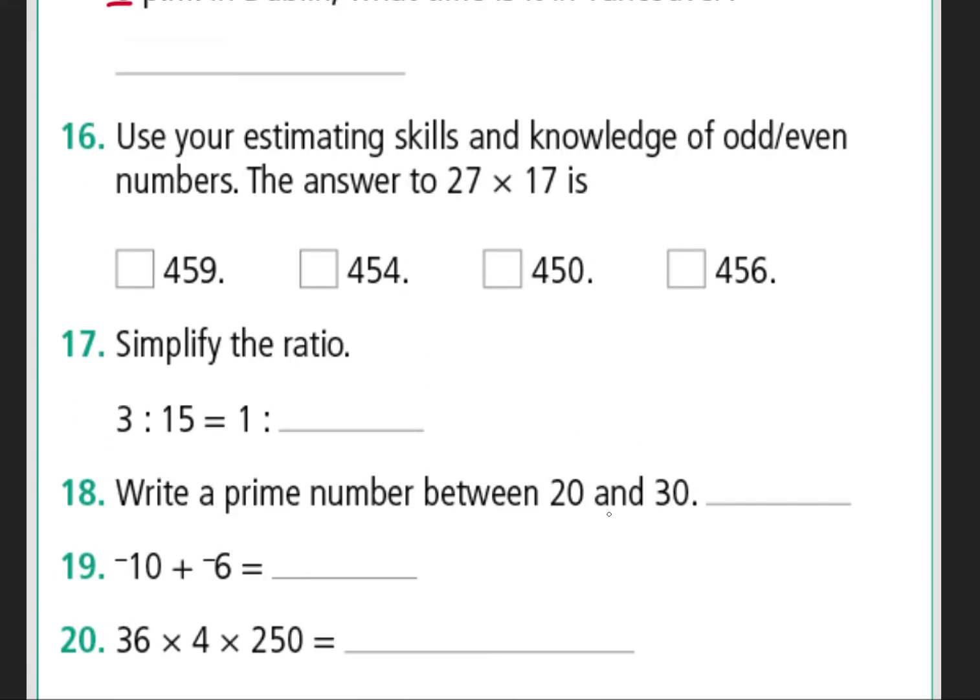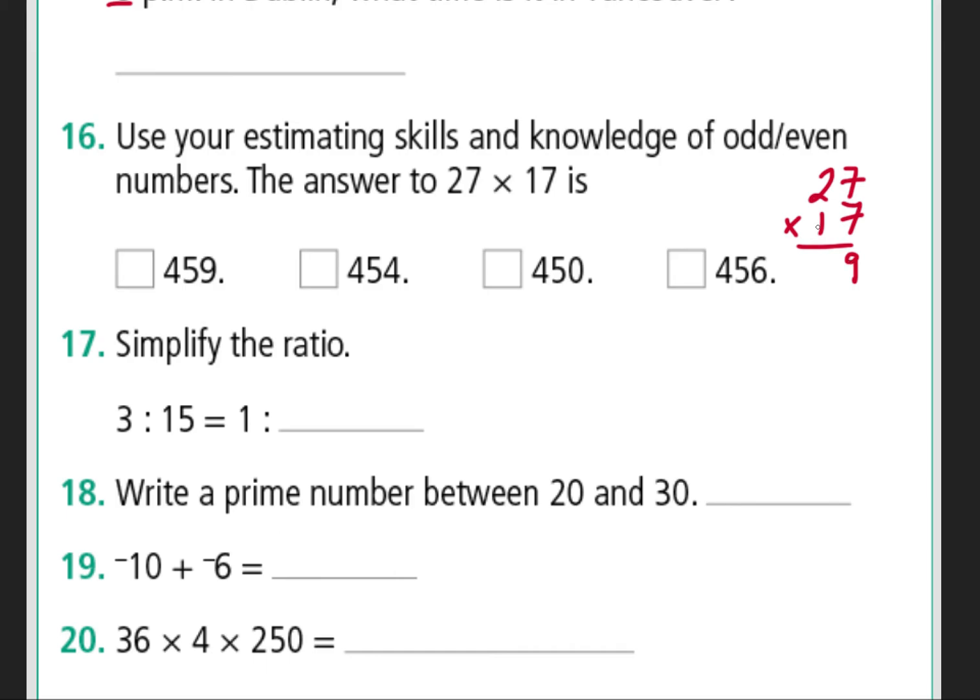Number 16, use your estimating skills and knowledge of odd or even numbers to answer this, 27 times 17. Okay, now I'm not going to do all of this sum, but if I write down 27 multiplied by 17, and if I just multiply the 7 times 7, I get 49, and I'm not going to finish the sum.